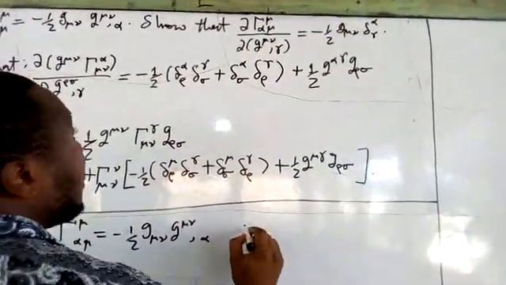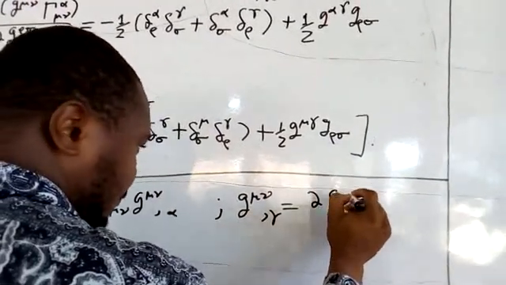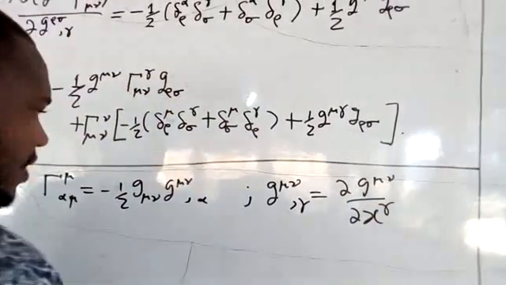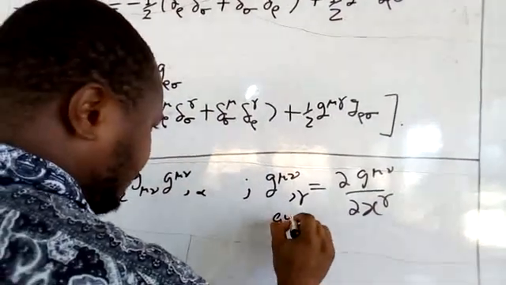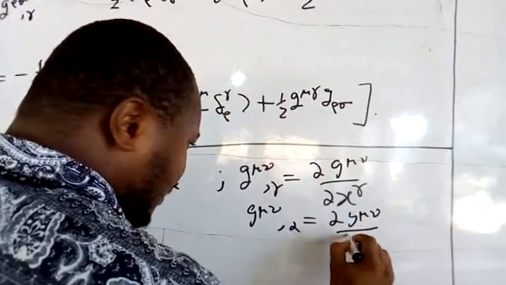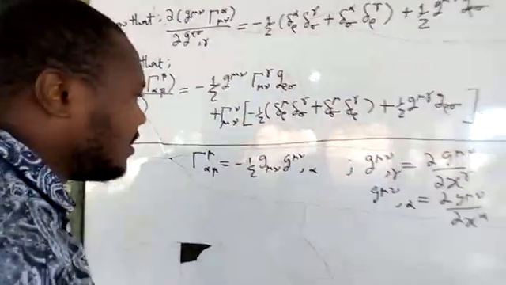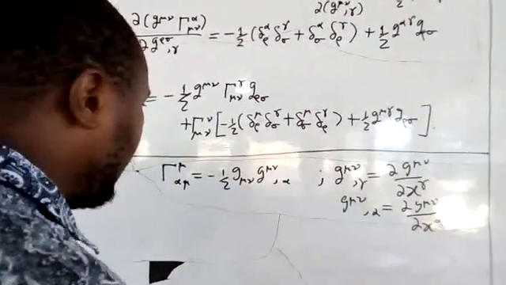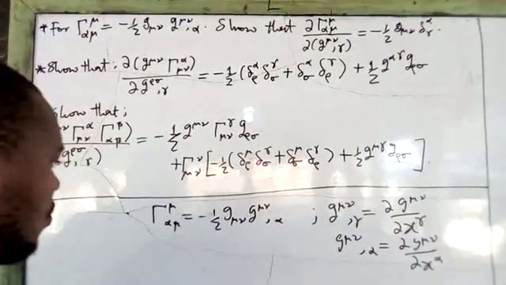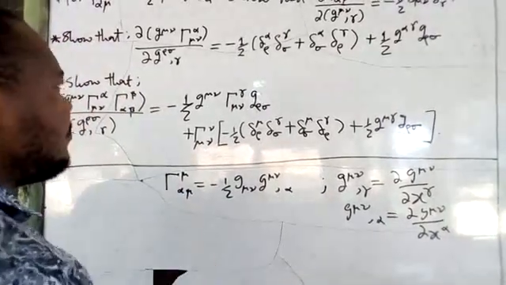Of course, by g^{mu}_{,gamma} we mean the derivative of g^mu with respect to x^gamma. So you can see that what we have here as g^{mu}_{,alpha} is the same as the derivative of g^mu with respect to x^alpha. In other words, we have something similar here with that. Just like we will always do whenever we are solving such problems as this, we are going to try as much as possible to consider the objects with which we are differentiating with respect to.